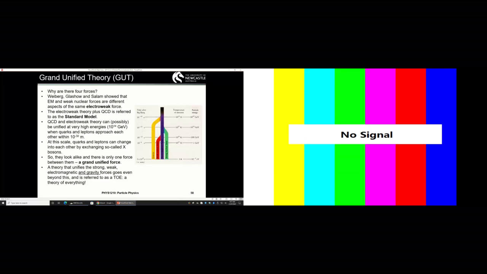And then if we were somehow able to develop an understanding which allowed us to see gravity as part of that same force as well, that would become something even more impressive than a grand unified theory. That would become a theory of everything. Because, I don't know, these are the kinds of names that physicists come up with.